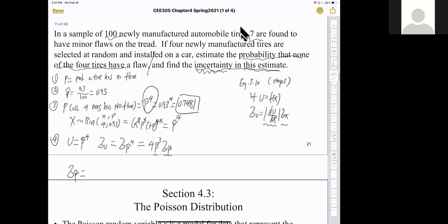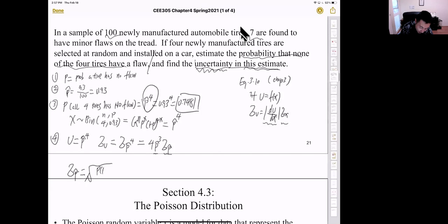And we use the sample proportion for the population proportion. So p is 0.93, 1 minus 0.93, over n. So n is 100. So sigma p is equal to 0.0255.